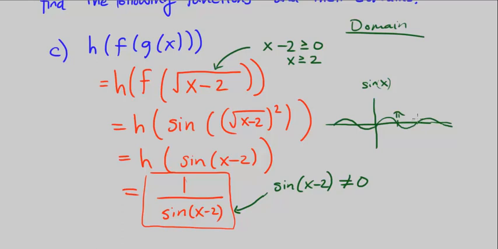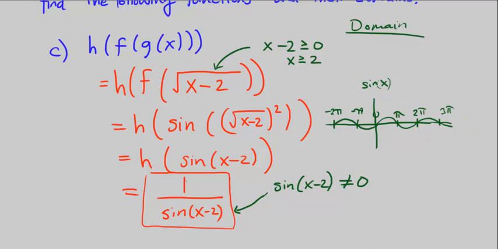So here's pi, here's 2 pi, here's 3 pi, here's 0, here's negative pi, and here is negative 2 pi. So sine of x minus 2, though, shifts this entire graph 2 units to the right.